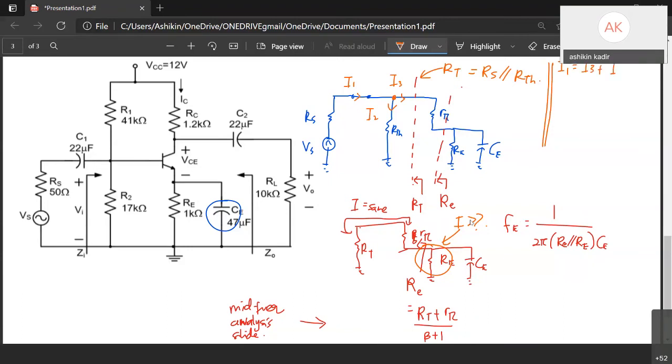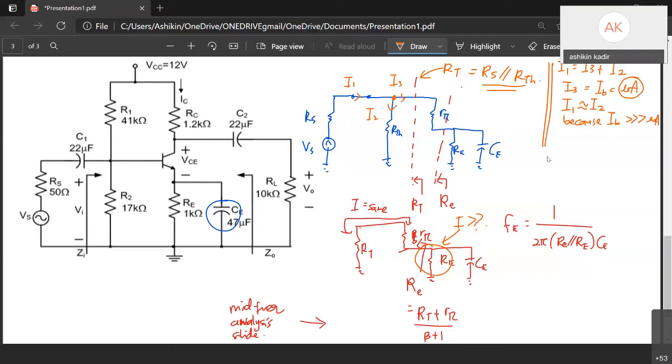But our I3 is equal to IB, and IB is microampere, very, very small, so we can assume that I1 equals I2. That's why RS and RTH here we can make parallel.